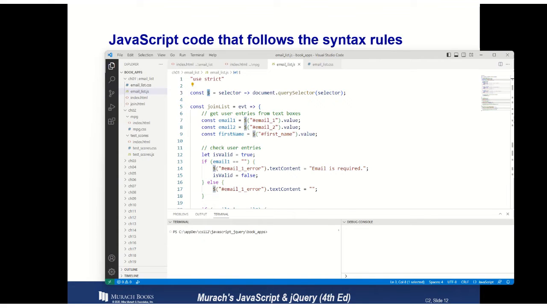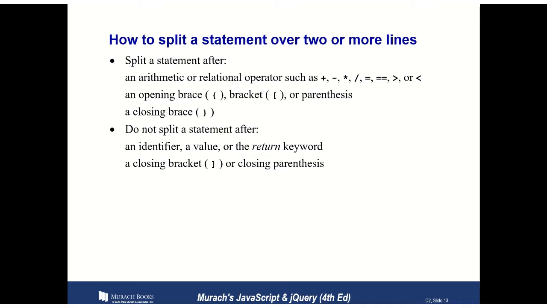How can you make this code not use the use strict keyword? If you don't use it, what are the flexibilities you are going to get, and what are the pitfalls you are going to get out of that? Okay. So next part is how do you split a statement over two or more lines.